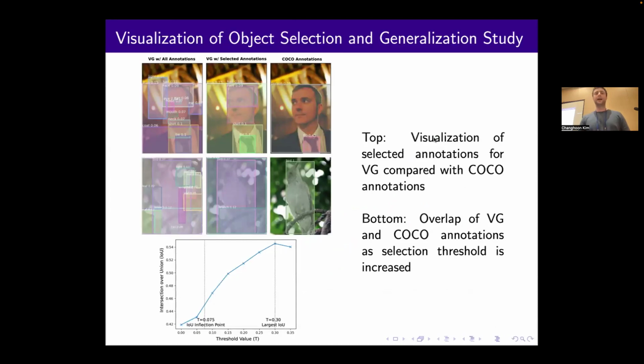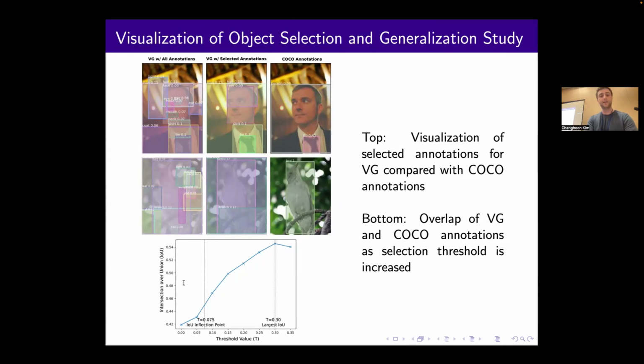Now let's take a look at whether our approach can actually generalize to different types of annotation techniques. Visual Genome and COCO have shared images. So we look at the Visual Genome annotations and the COCO annotations, and we see whether, when we increase our threshold for selecting annotations, the overlap between these two data sets increases.